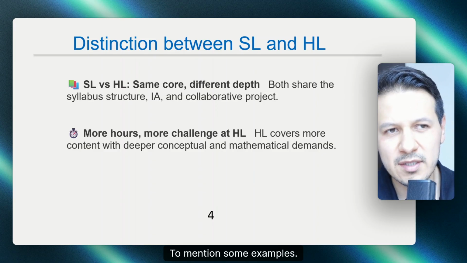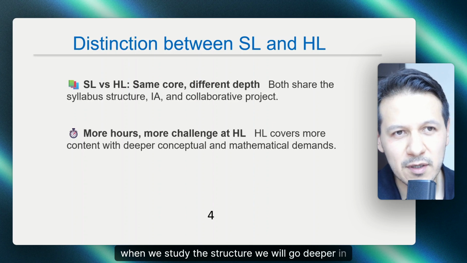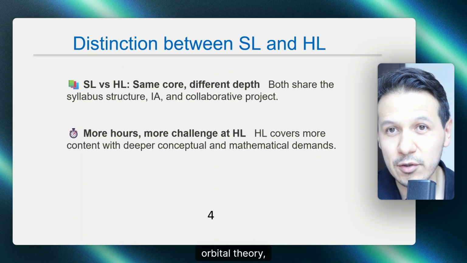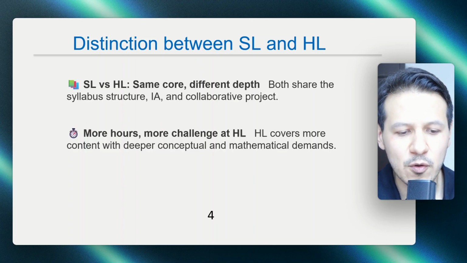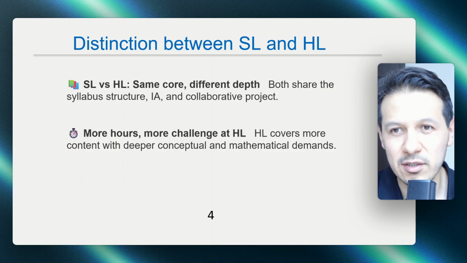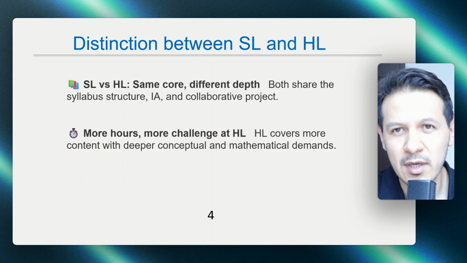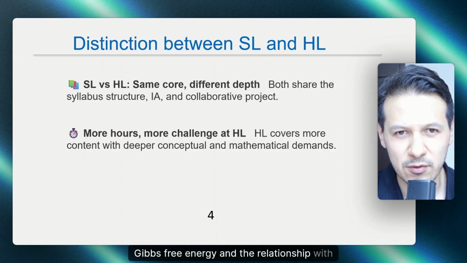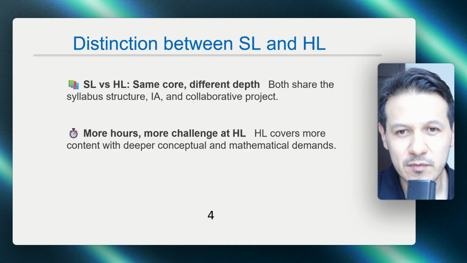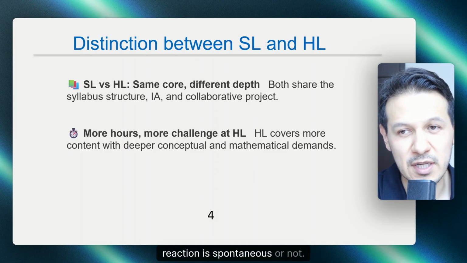To mention some examples, when we study the structure, we will go deeper into the transition metals and orbital theory. For example, in thermochemistry, with the higher level, we are going to talk more about Gibbs free energy and the relationship with entropy in order to determine whether a reaction is spontaneous or not.